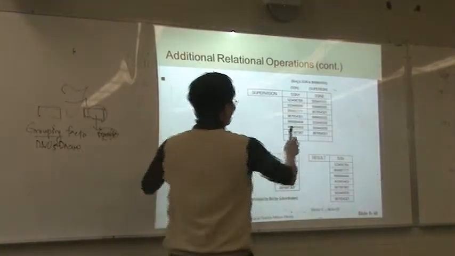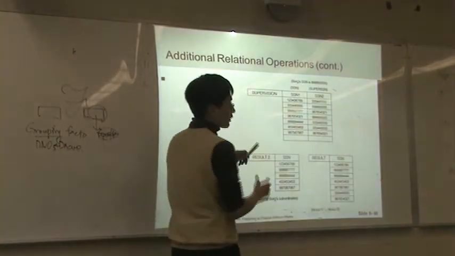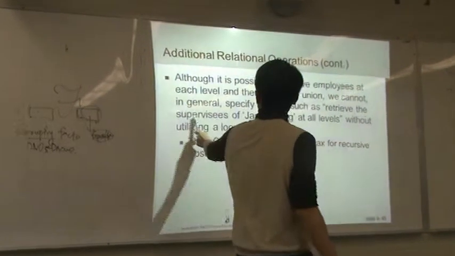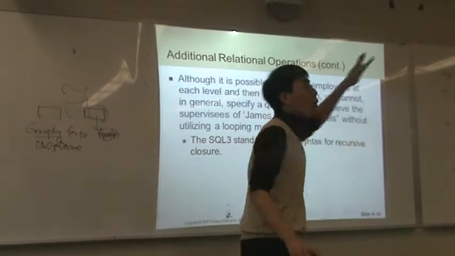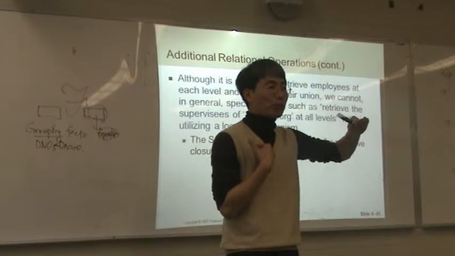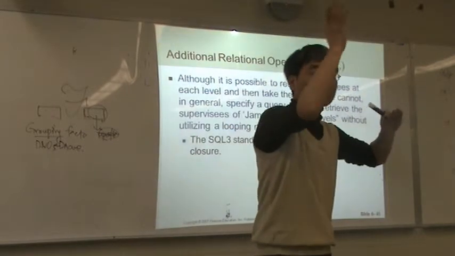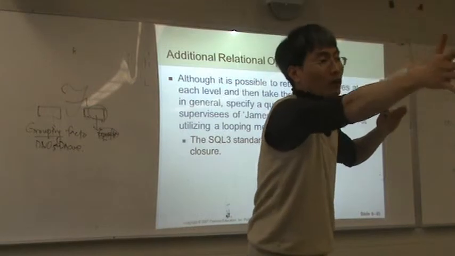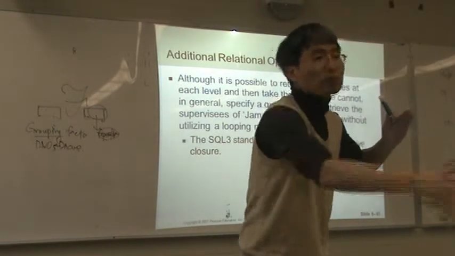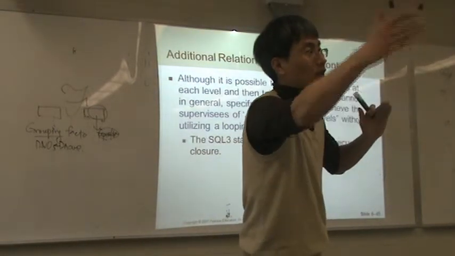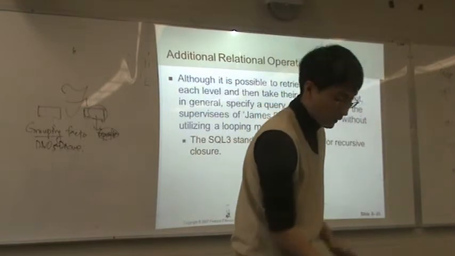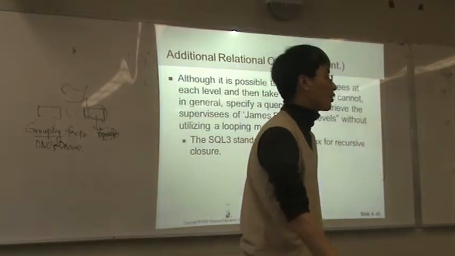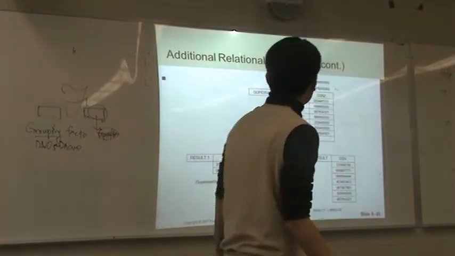We need to select first. This is an example of retrieving the supervisors of James at all levels, which means I supervise him and I try to retrieve not only him but also his supervisor, and if there exists a supervisor of the supervisor, at all levels. This is not supported in the old standard, but the latest standard supports such recursion.